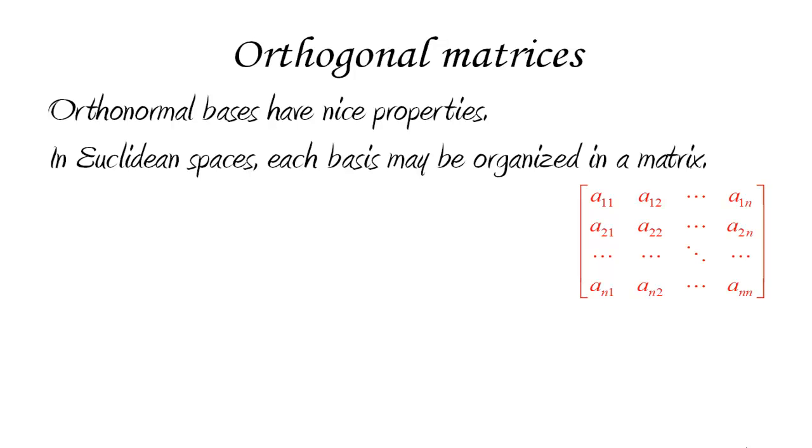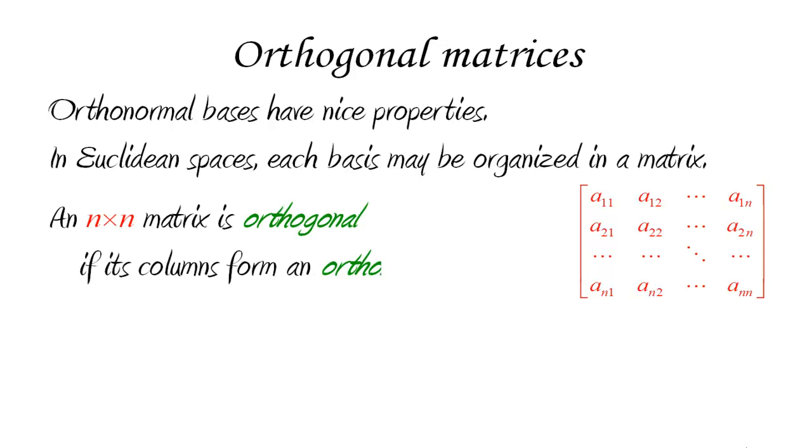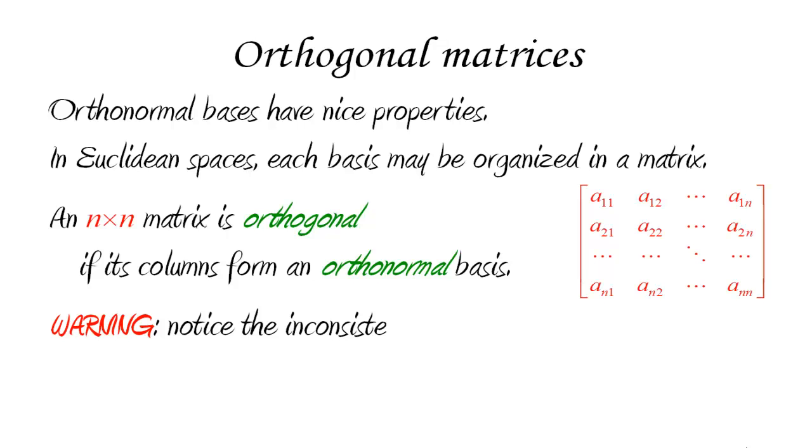Given this arrangement, we're going to go back to looking at this matrix and ask how we can mimic the properties of an orthonormal basis now that we have a matrix. So we're going to say that an n by n matrix is orthogonal if its columns form an orthonormal basis. Now, big warning here.